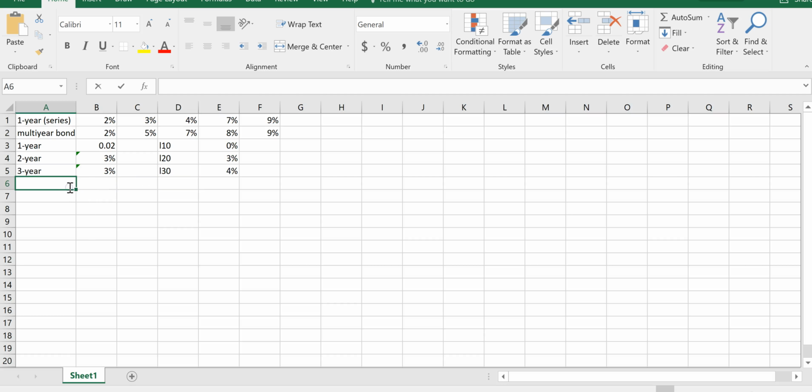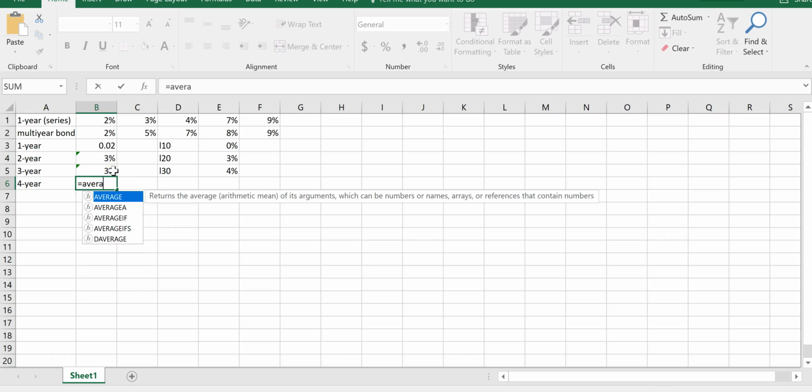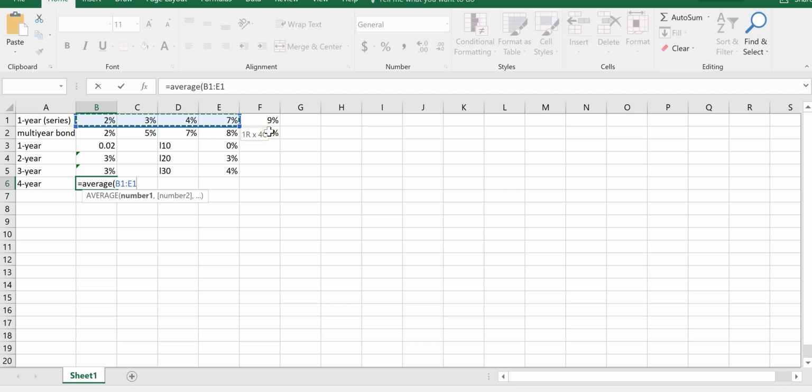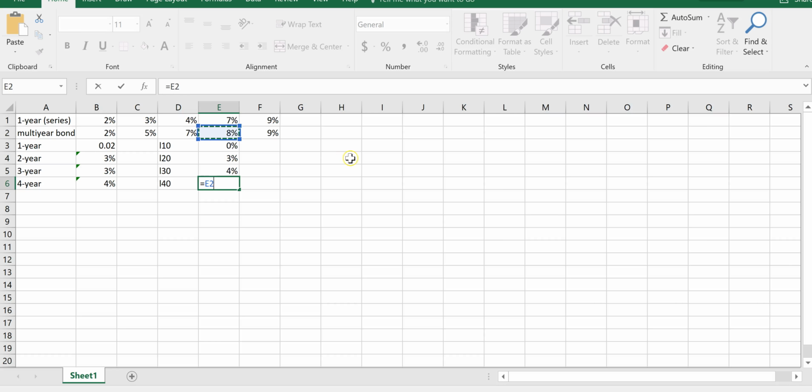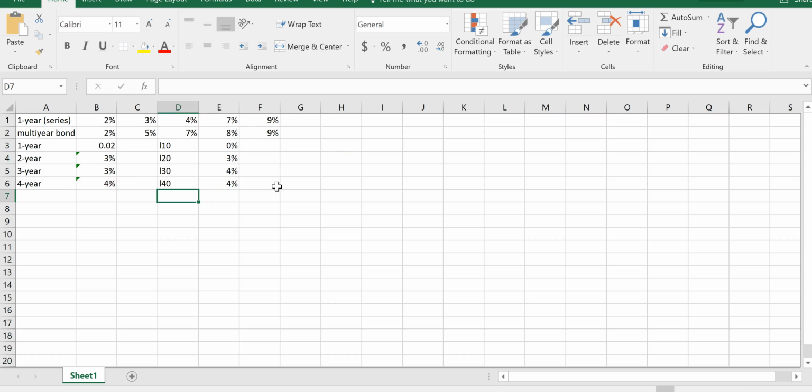And then the 4-year bond: first take the average of the first 4 interest rates for the 1-year bond, and then L40 equals the actual annual interest rate on the 4-year bond, 8%, minus the average of the 4 interest rates.